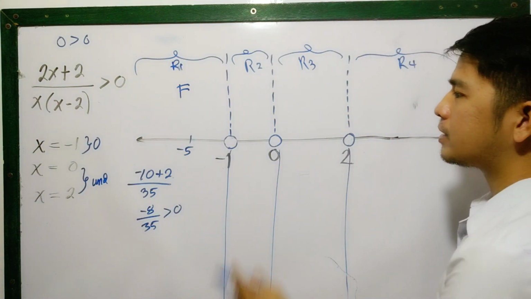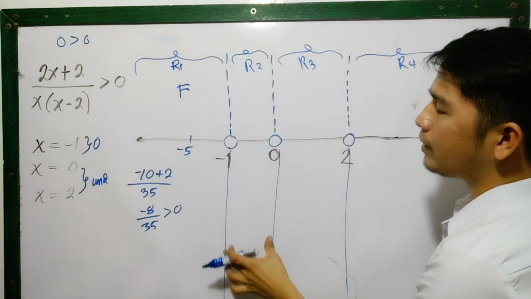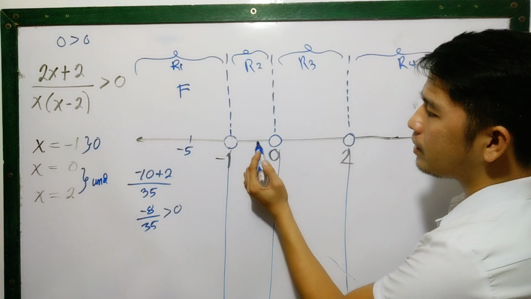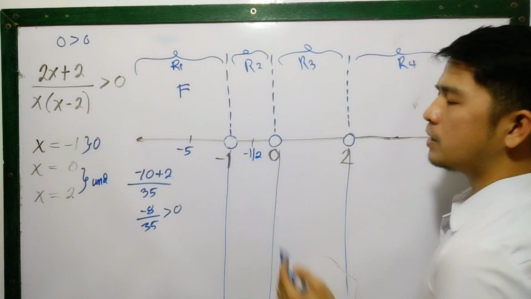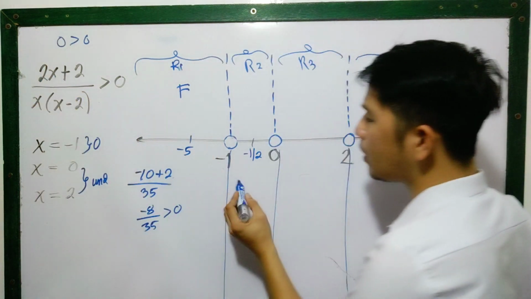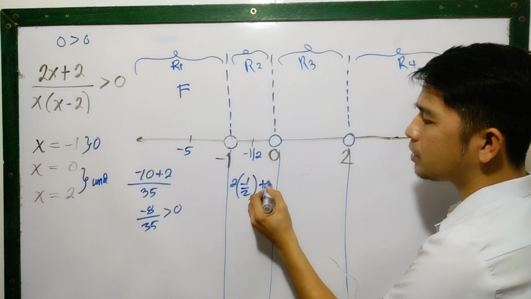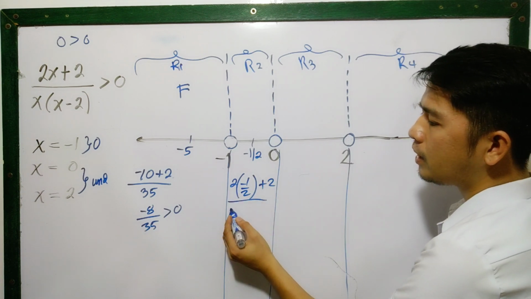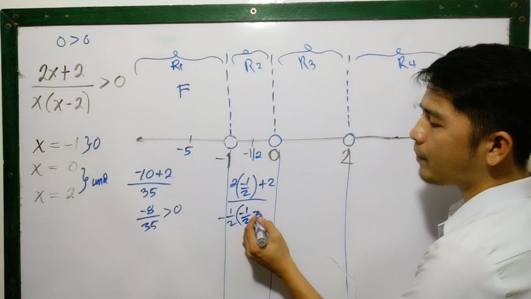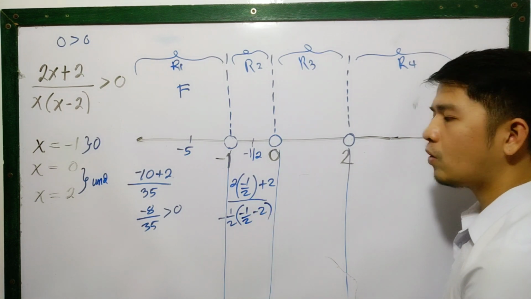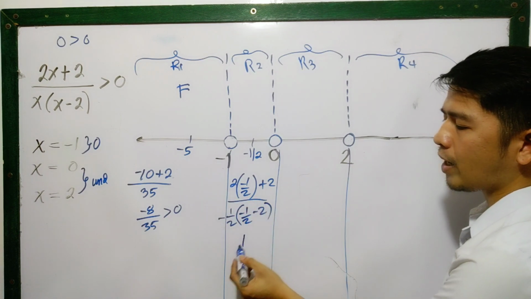Okay? Next. Under the region 2, kuha tayo ng, let's say, negative 1/2. When x is negative 1/2, what will happen? So, 2 times negative 1/2 plus 2, all over negative 1/2 times negative 1/2 minus 2. So, this is negative 1 plus 2 is 1.